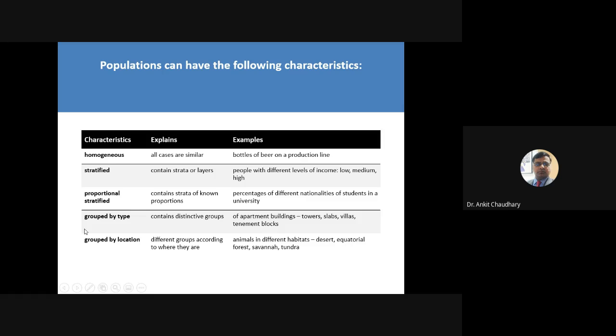Then we have a different way. We can group by type or group by location. Let's say I work in a university in New Delhi, and in my university we have a mapping of every city, every district of the country, showing where people are more educated and where people are less educated.